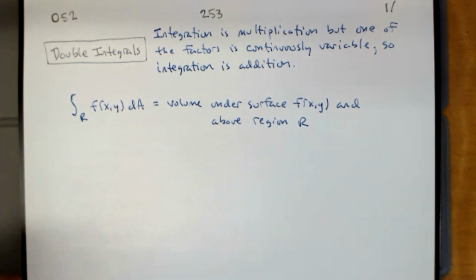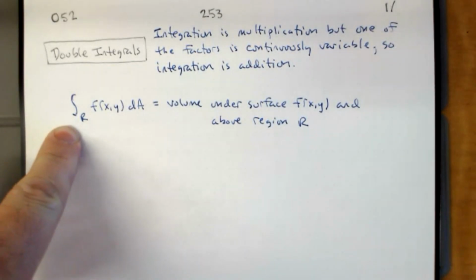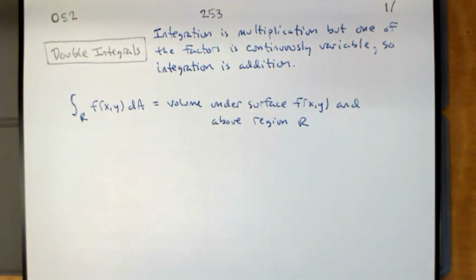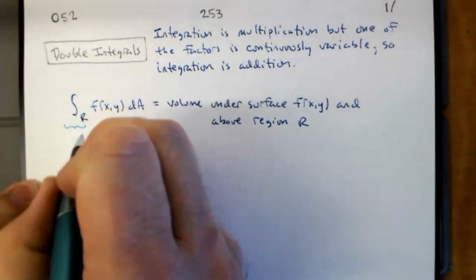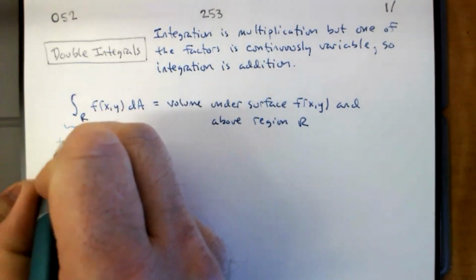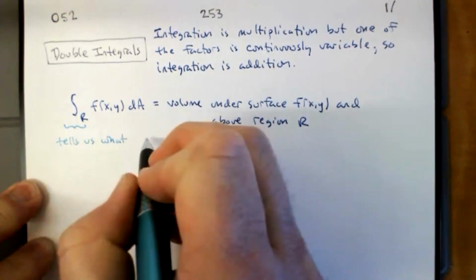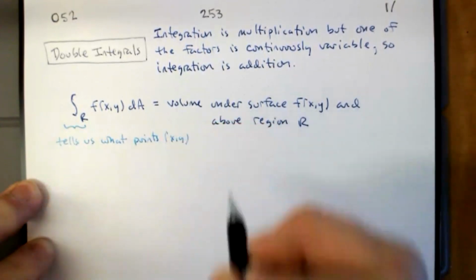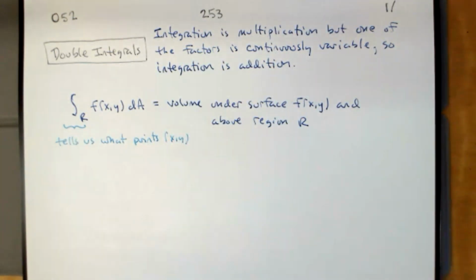So the integral over R part, that's telling us the values that we need to plug into f of xy times dA. So the integral part is telling us what points xy we're going to be plugging into f of xy dA.